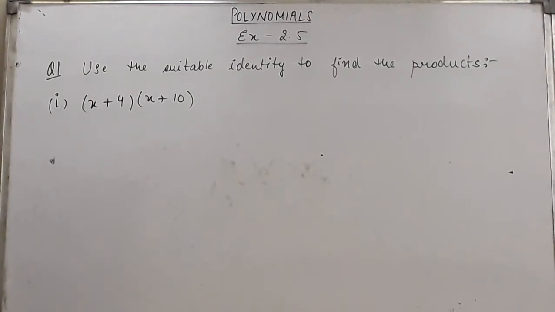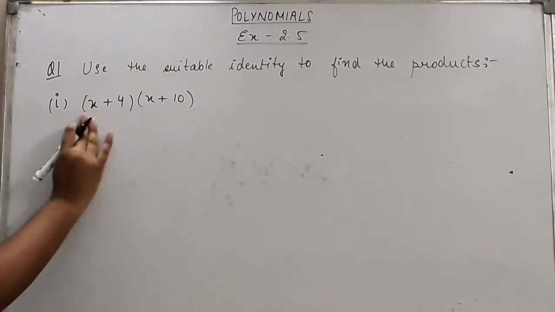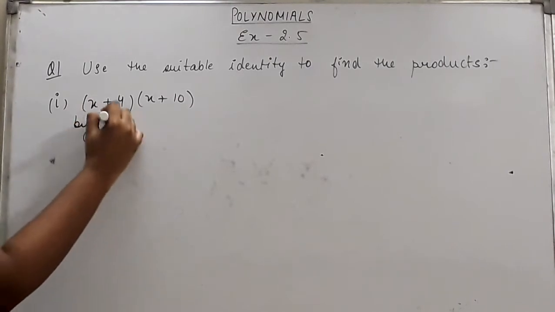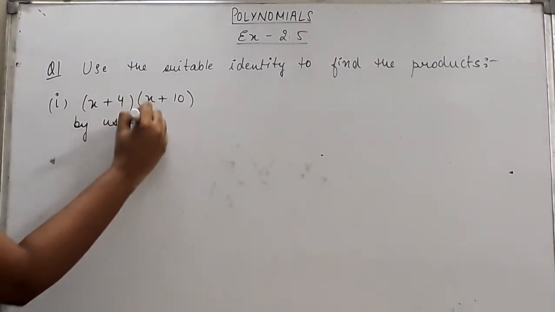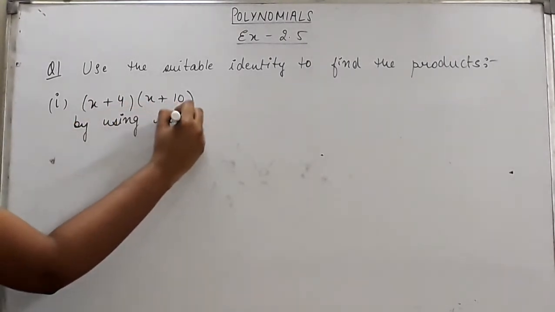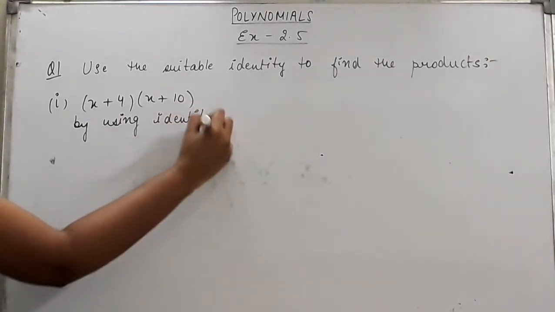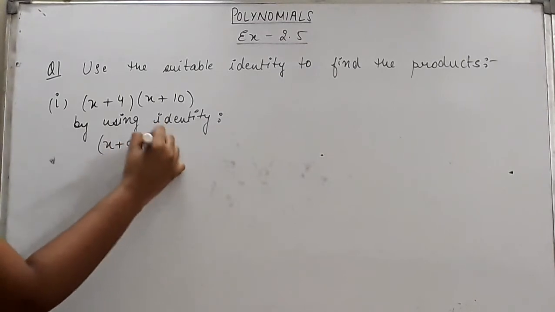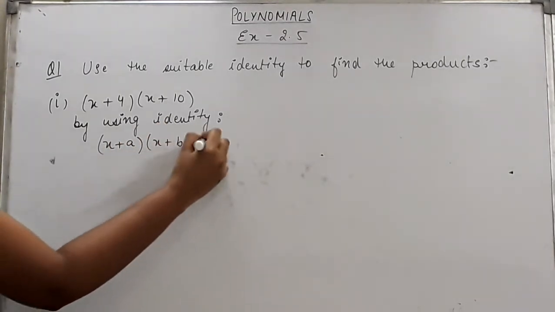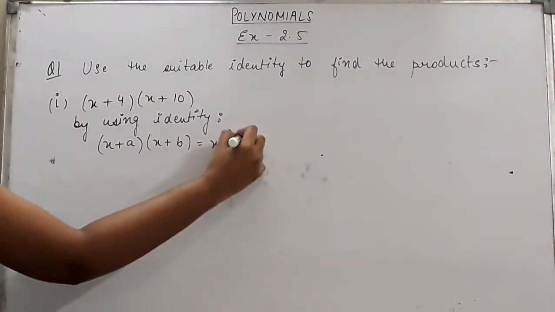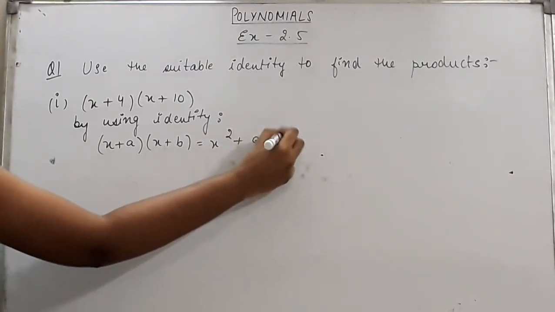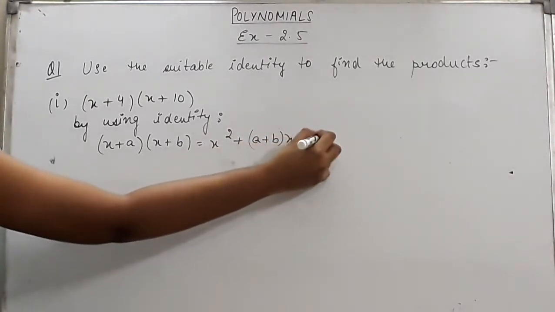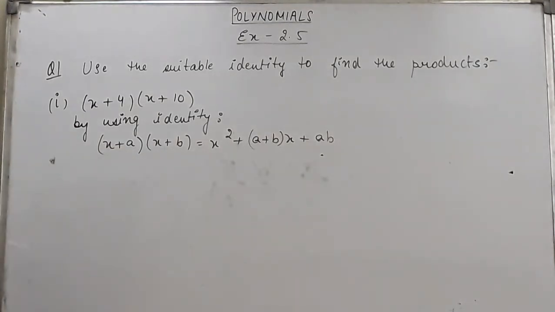So first you will write, by using the identity, (x + a)(x + b) is equal to x square plus (a + b) multiplied by x plus ab.